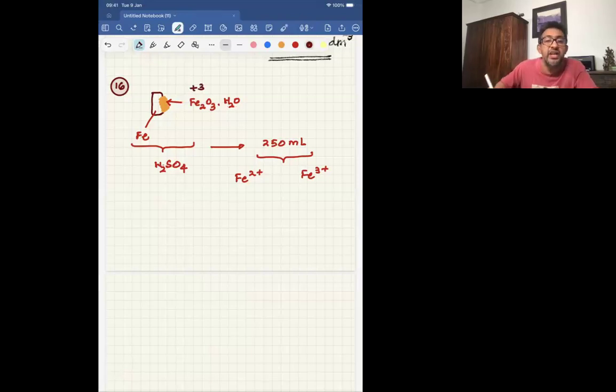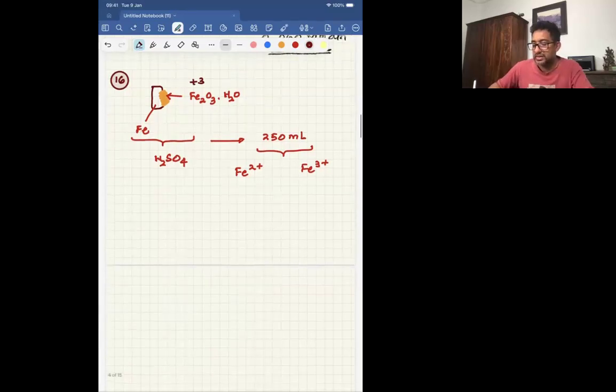Since Fe reacts with sulfuric acid, can you remember I told you last week in the s, p, d block elements, whenever a metal reacts with dilute sulfuric acid, it gives out hydrogen. Dilute sulfuric acid acts as a normal oxidizing acid. It gives you the normally lower oxidation state, Fe+2.